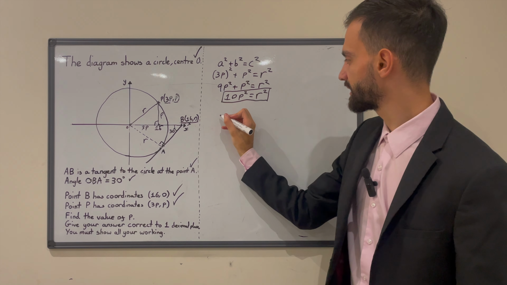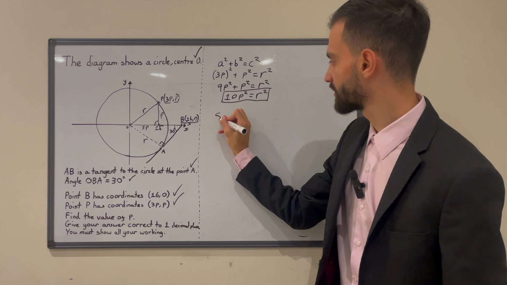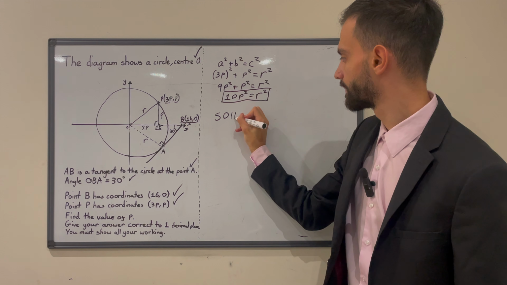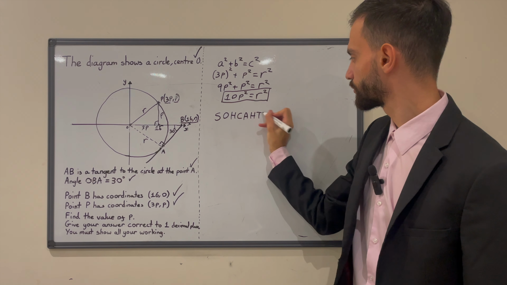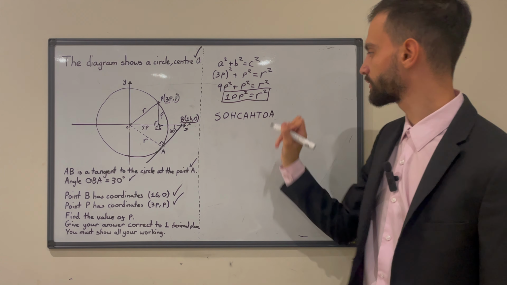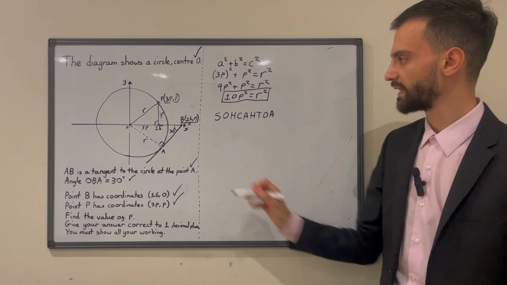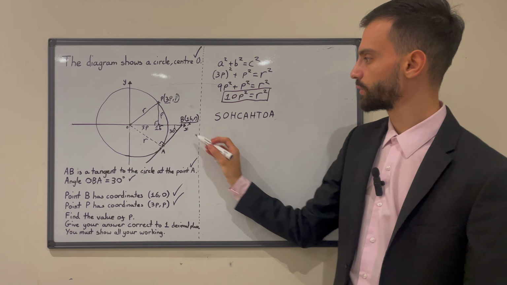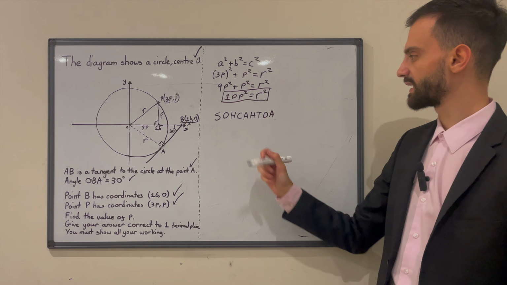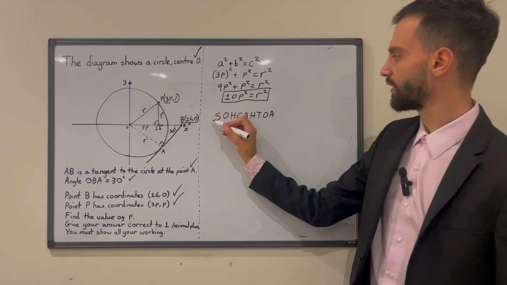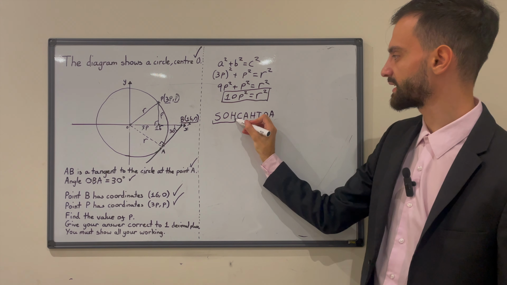And we can represent that with this acronym, SOH CAH TOA, to figure out which equation to use. We have our hypotenuse, and we want to figure out our opposite. Hypotenuse and opposite together in this acronym are over here, next to our sine.